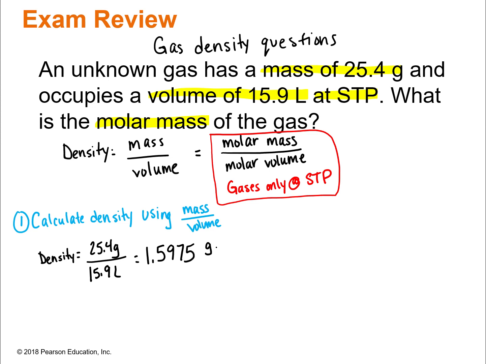Now I'm carrying a lot of digits here because we're not concerned with sig figs yet. I carry a lot of digits just to make sure that I don't have any kind of rounding error when I move on and do my next calculation.